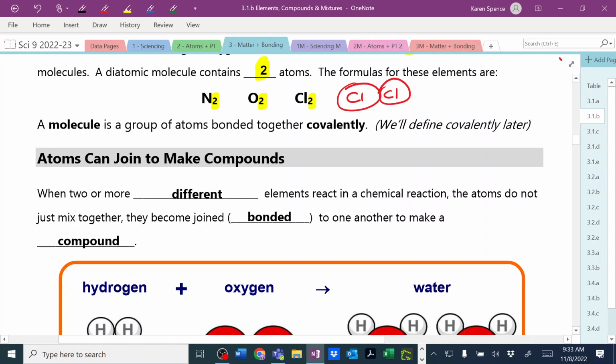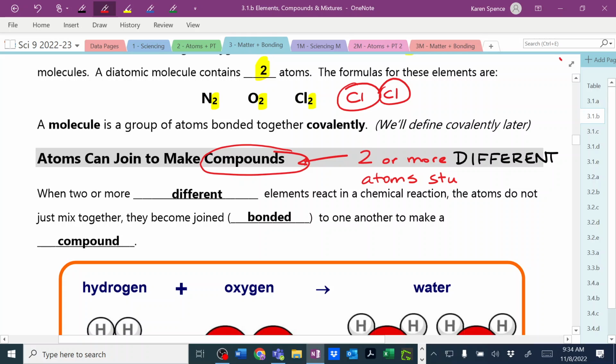So we can have atoms joining together to make compounds, and if you remember, a compound is 2 or more different atoms stuck together, bonded.